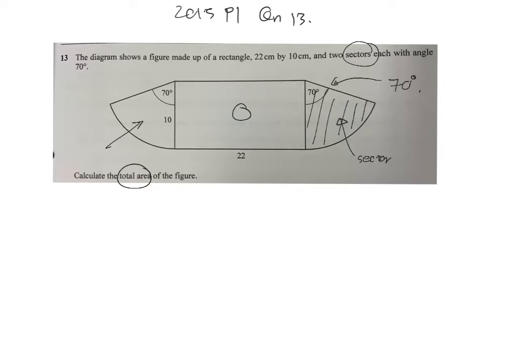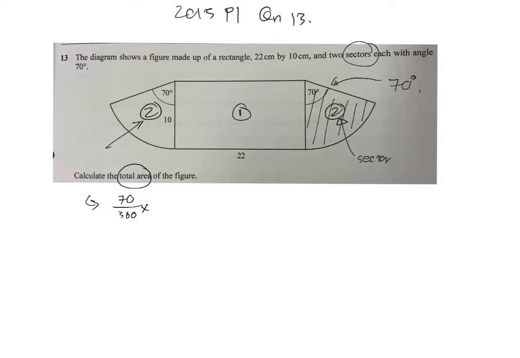That's for radians. Okay, so the total area of this is actually again broken down into two parts. First part, the rectangle in the center. Second part is the two sectors here. Okay, so I repeat again, area of sector is basically theta over 360, right, times what? Because the whole area of the circle, this sector is a part of the circle.